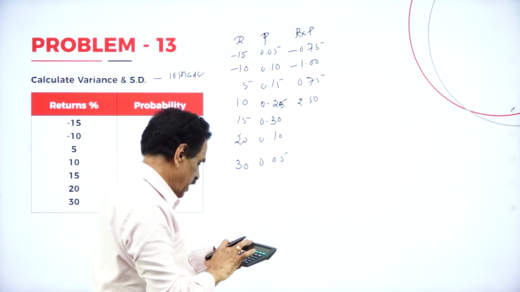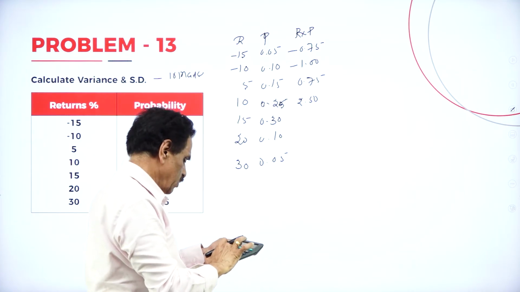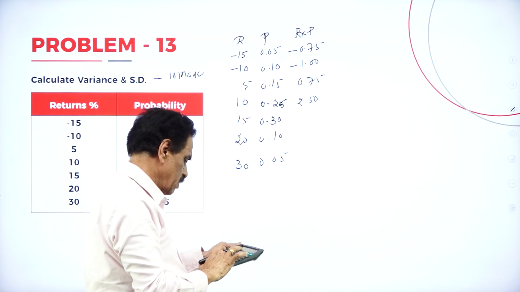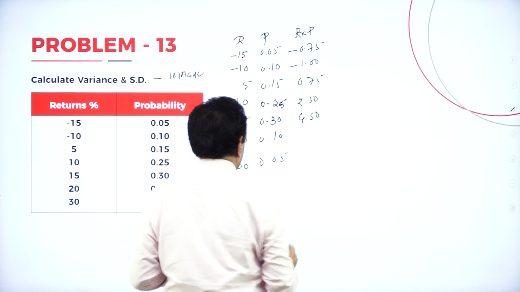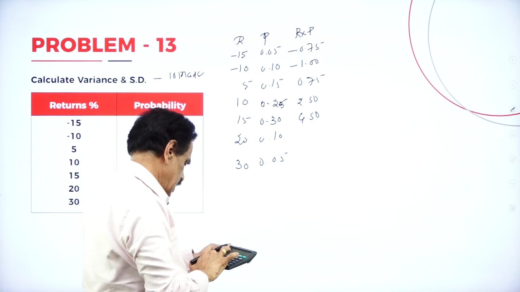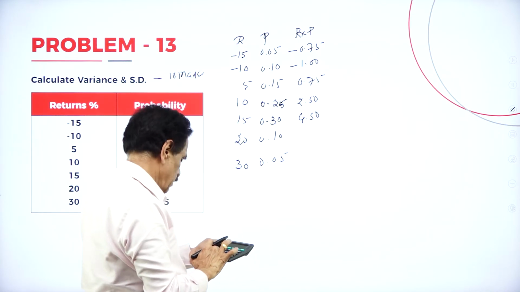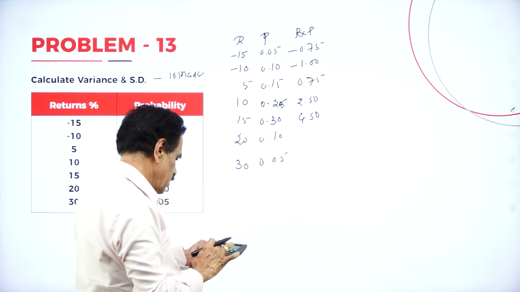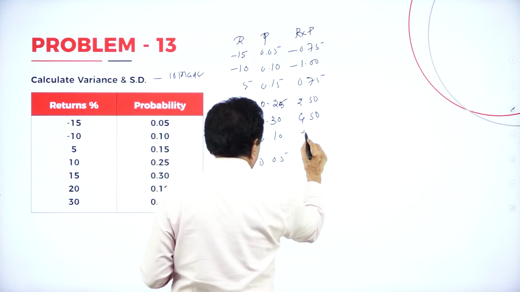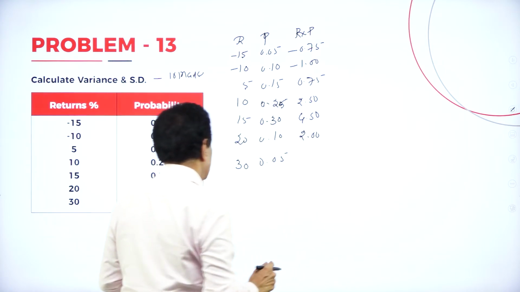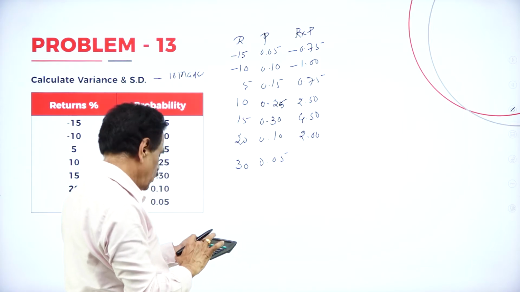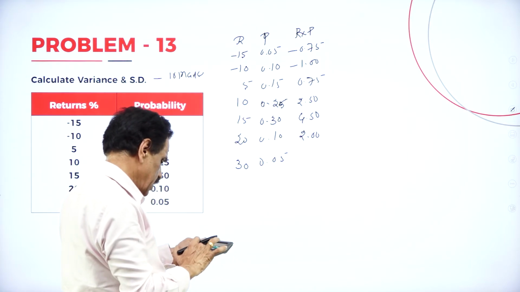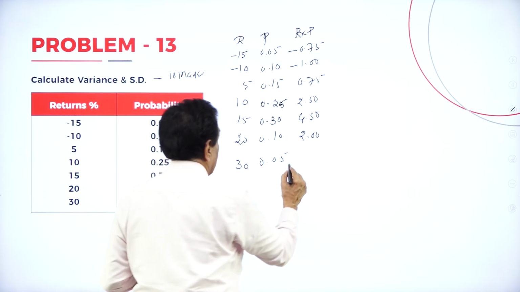Then 15 into 0.30 is 4.5. 20 into 0.10 is 2. 30 into 0.05 is 1.5.